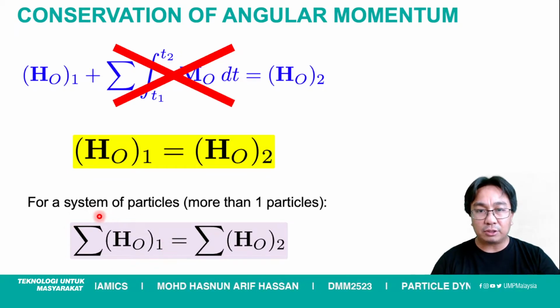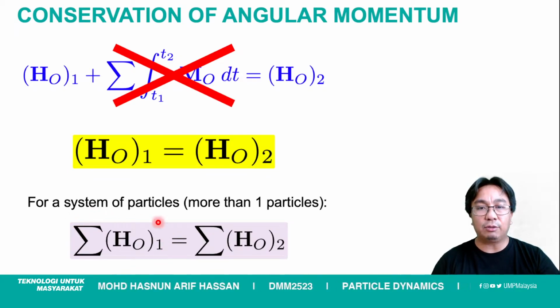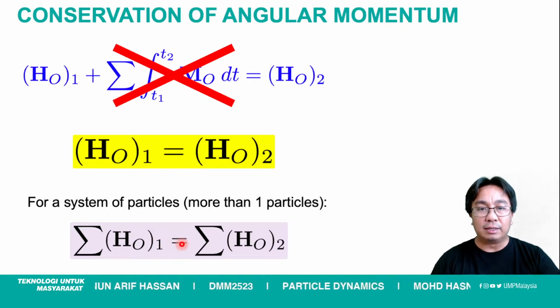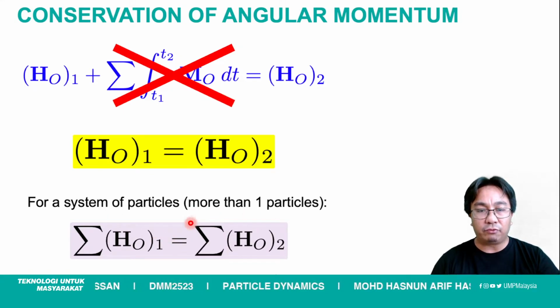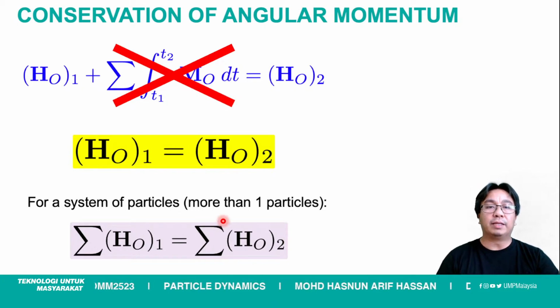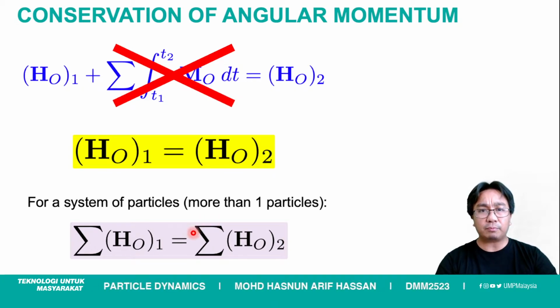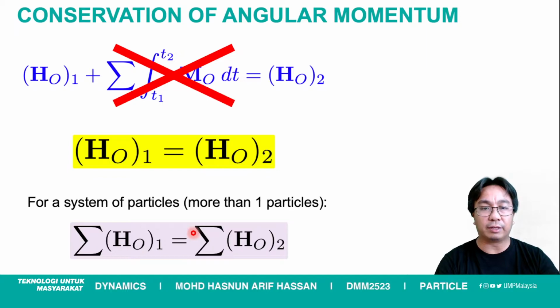So the summation of initial angular momentum about point O is equal to the summation of the final angular momentum about point O. So this is the conservation of angular momentum.